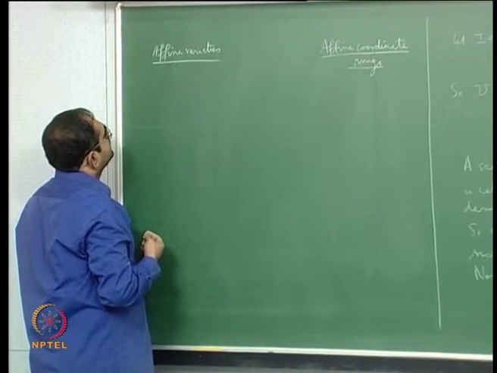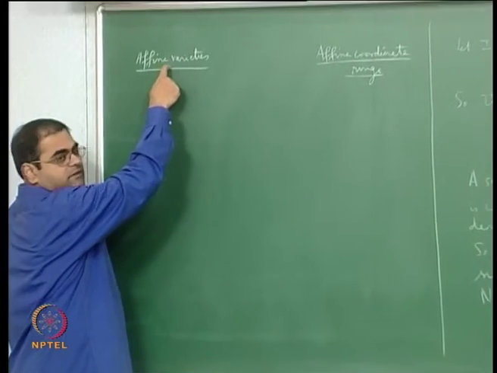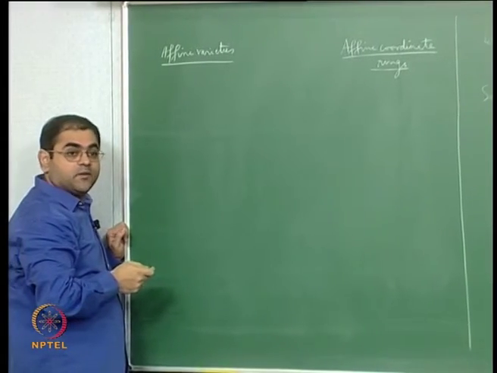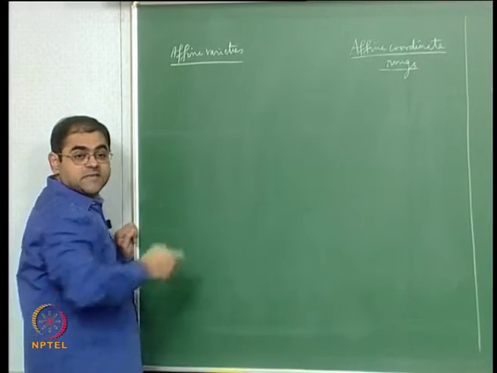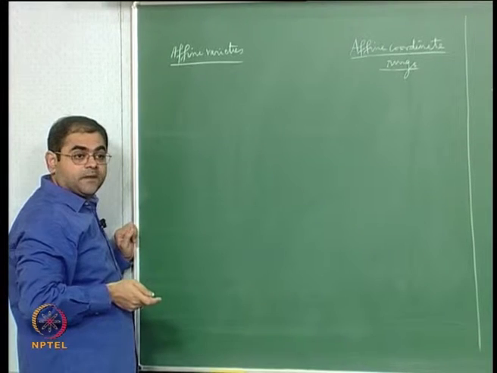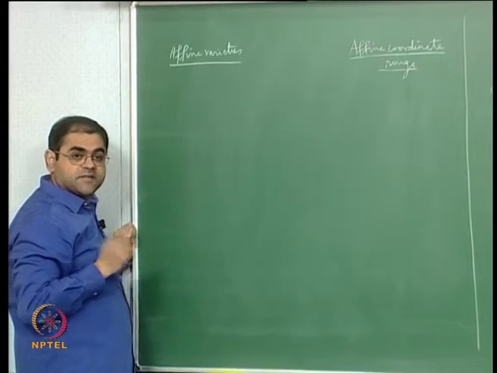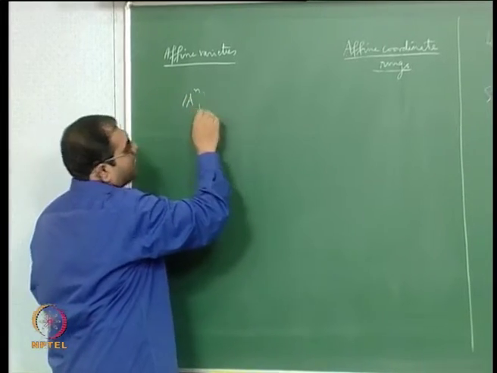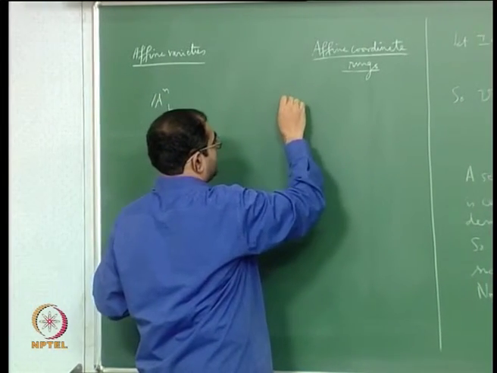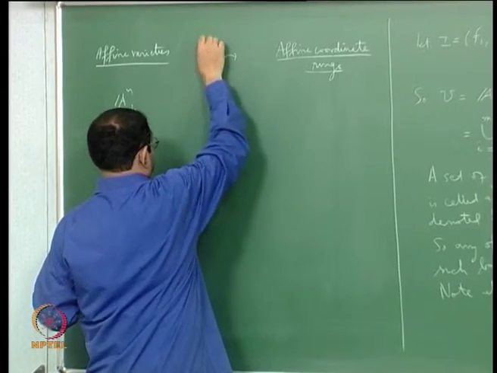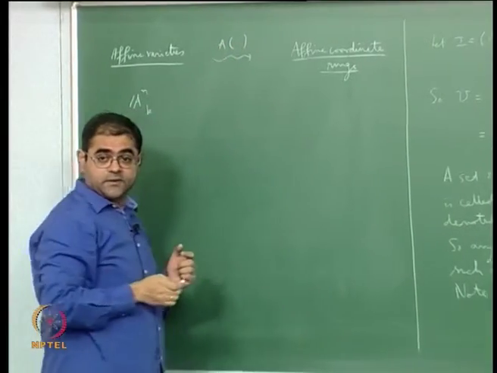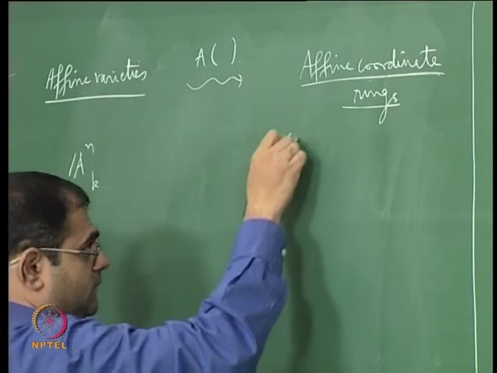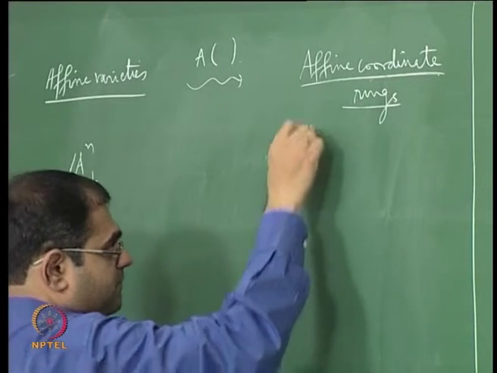And so what is the definition here? My original definition on this side was an irreducible closed subset of affine space. If I started with affine space A^n over k, I would end up with the affine coordinate ring A(A^n), which is just the polynomial ring in n variables.